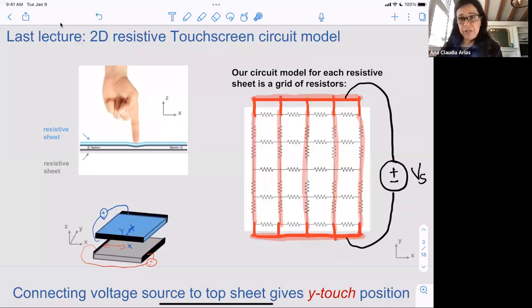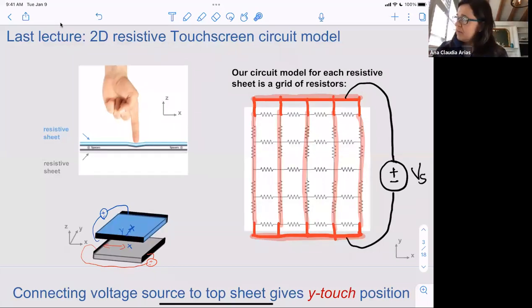For our resistive touch screen, our final model was an array of resistors with bars at the end of each plate that we use as connectors. We looked at how we could apply a voltage to that bar, to the top and bottom plate of our system, and measure voltage across elements.